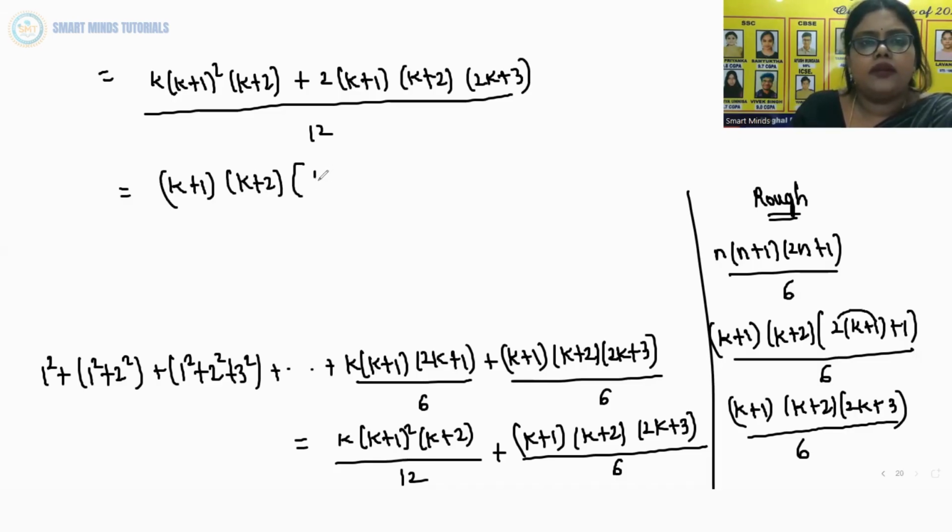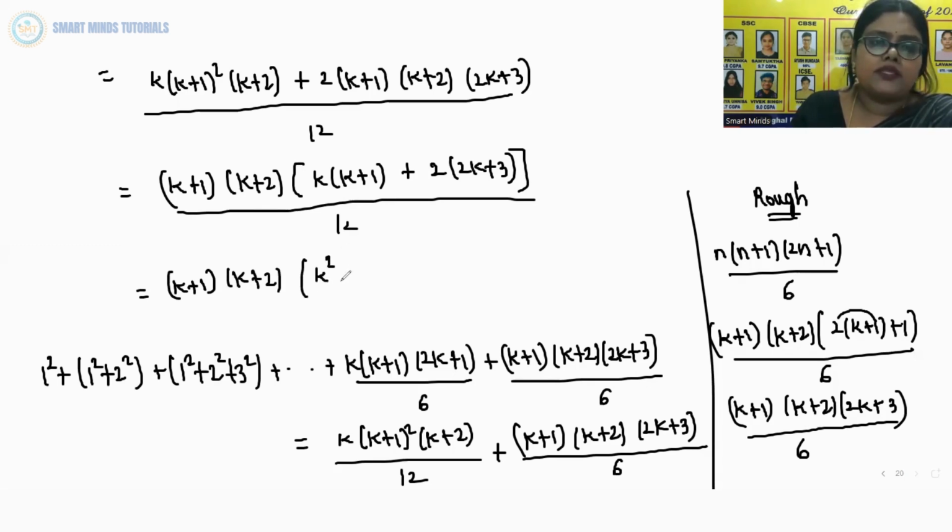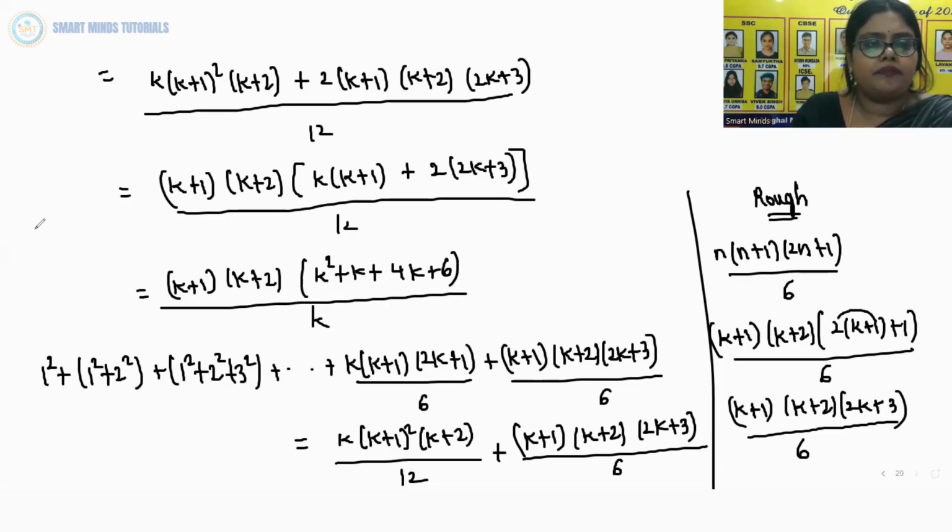So you get k into k plus 1 is left from the first term. And from the second term we are left over with 2 into 2k plus 3 by 12. That is k plus 1 into k plus 2 into, now you multiply these two, k square plus k plus 4k plus 6.